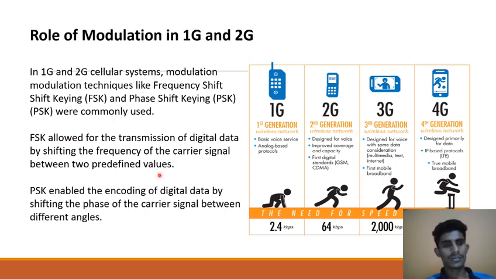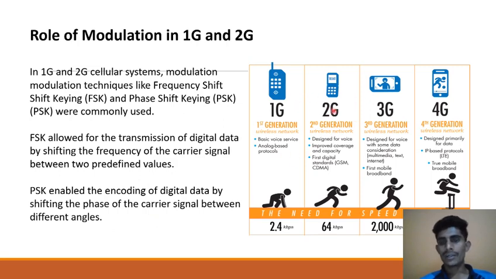Here FSK, frequency shift keying, allowed the transmission of digital data by shifting the frequency of the carrier signal between two predefined values. And phase shift keying enabled the encoding of digital data by shifting the phase of the carrier signal between different angles.